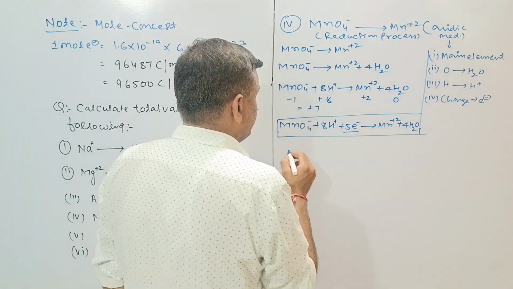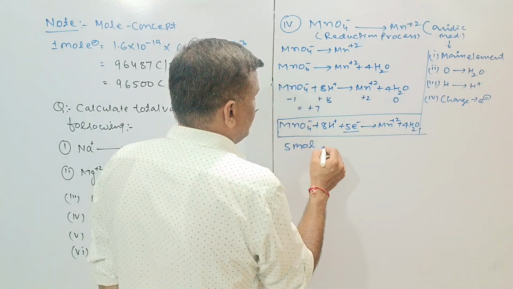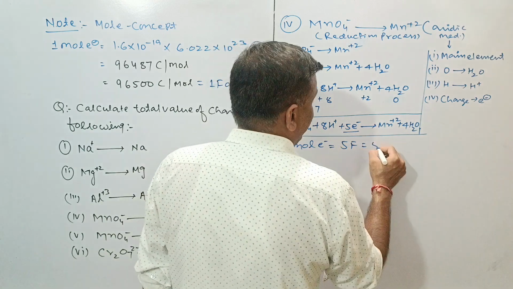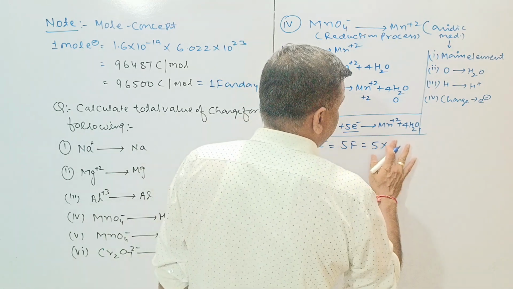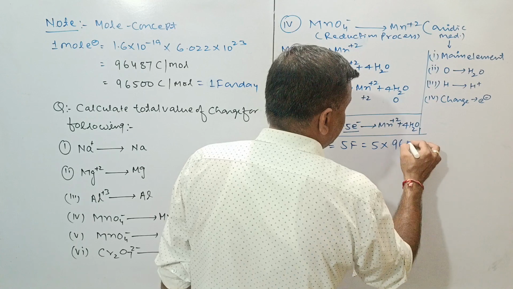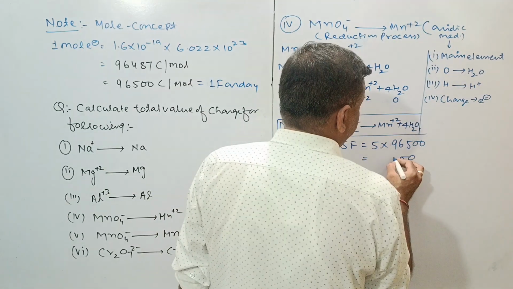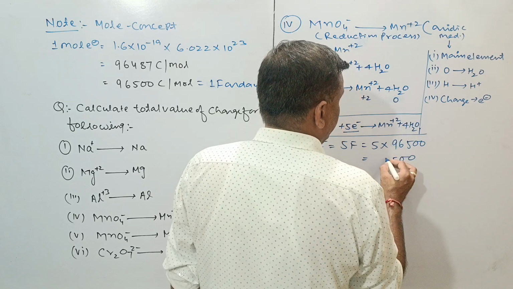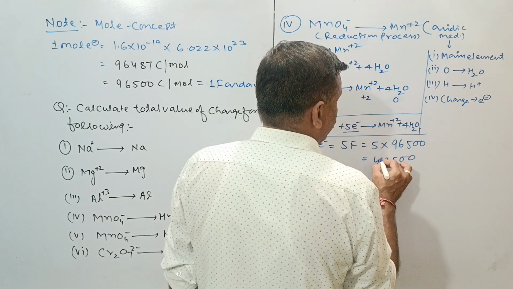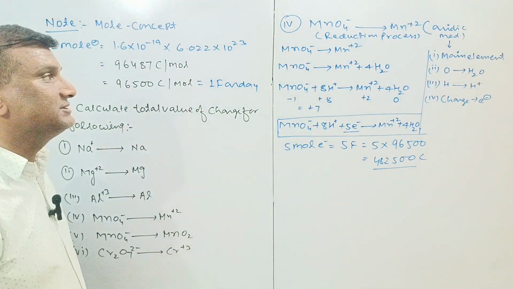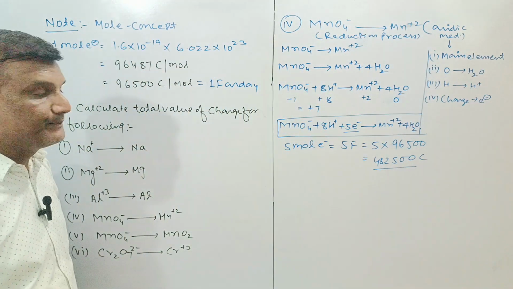So 5 moles of electrons, you can say 5 Faraday, 5 into 96500, total value of charge. 96500 into 5: 5 5s are 25, 5 6s are 30, plus 2 is 32, 5 9s are 45, plus 3 is 48, giving 482500. This will be the total value of the charge regarding MnO4 minus changes in Mn+2.